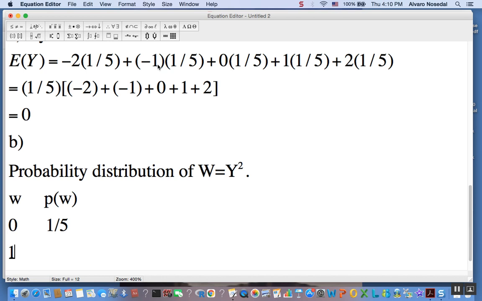The probability of that union is going to be the sum of these two probabilities: 1 over 5 plus 1 over 5, so 2 over 5.